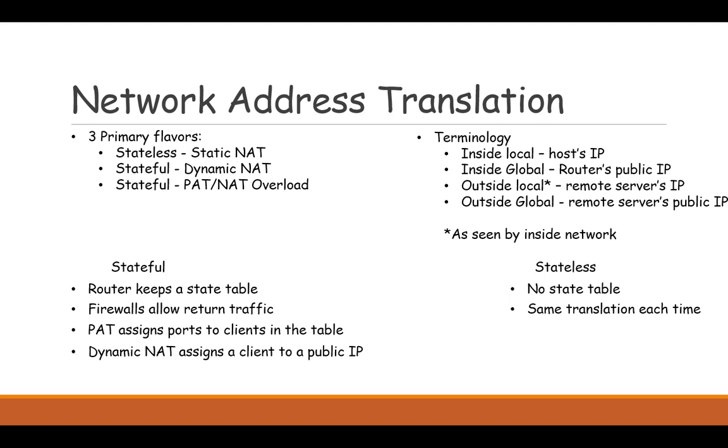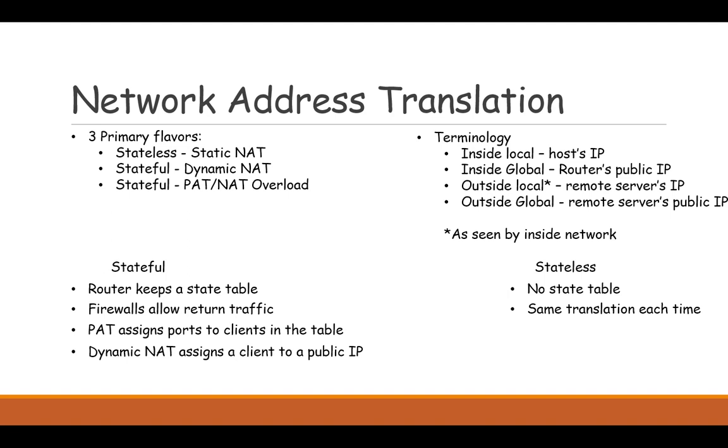The router does not keep track of the translated packet at all after it passes through. This is called stateless NAT, because it does not maintain a state table of the translations. It just has a single rule so that the traffic is always translated the same way. With dynamic NAT and PAT, the router keeps a table of what translations have occurred, so it can continue to provide consistent translation for the return traffic.